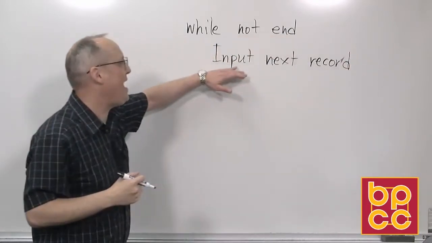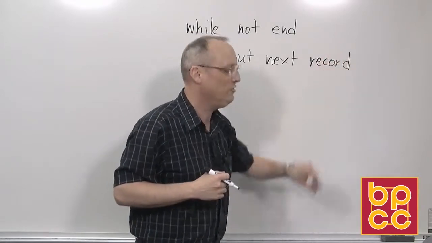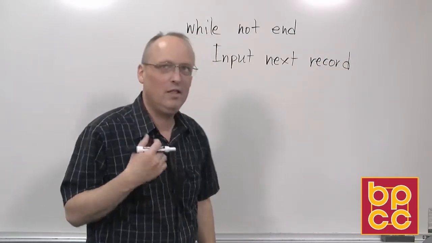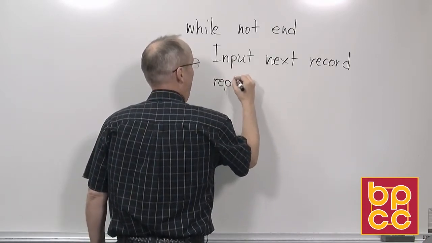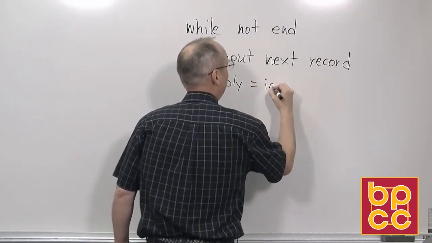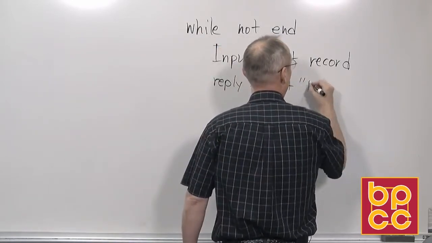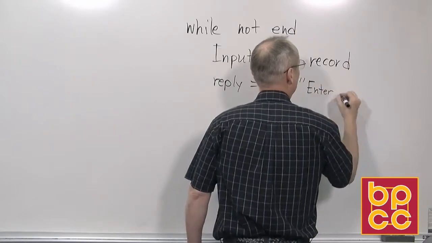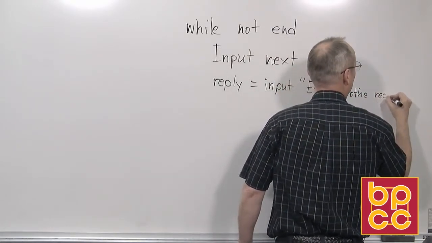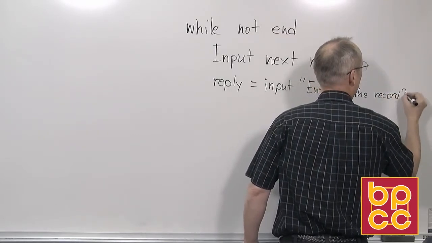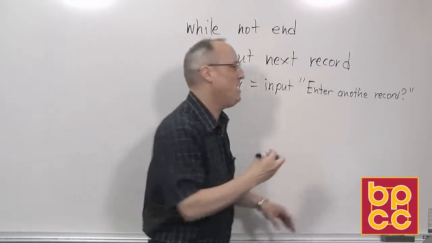This will be a command to enter the data for some sort of record that we're entering into the program. Then we will say reply equals input, and right here we'll say, do you want to enter another record?